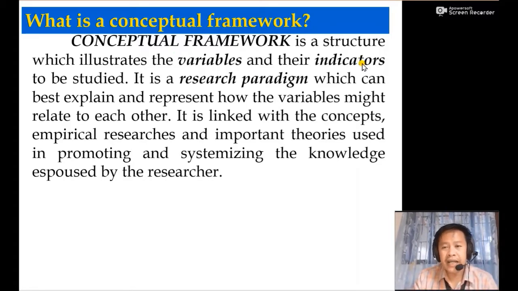And these indicators are to be studied. Take note, indicators are under the umbrella of the variables, because a variable is a particular thing that is of interest to our study.